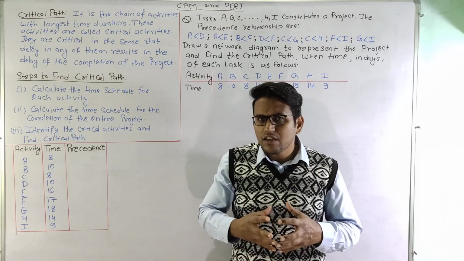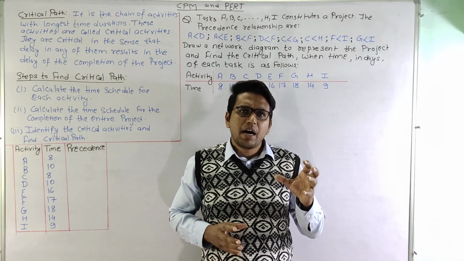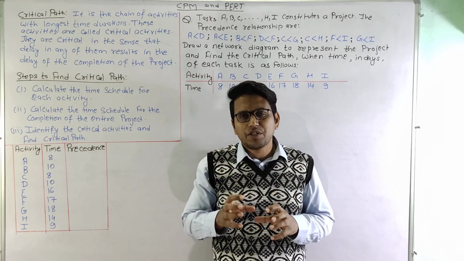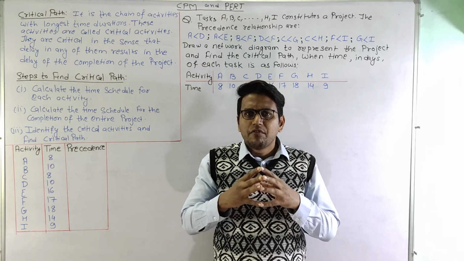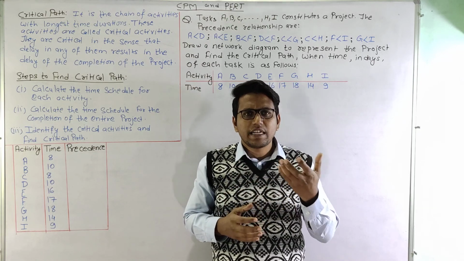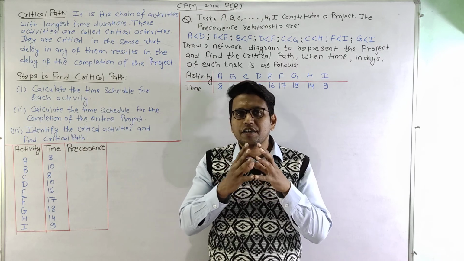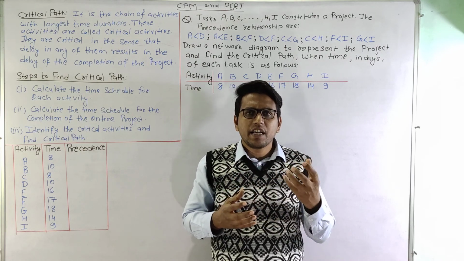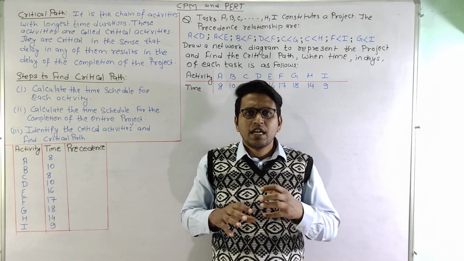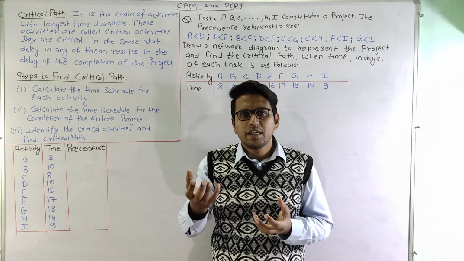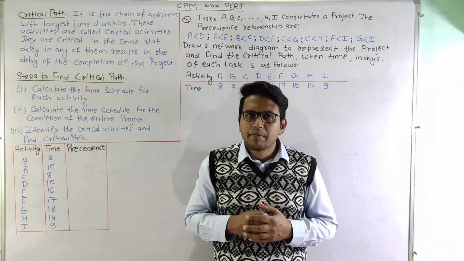So from this we can conclude that the critical path is actually a path with the longest time duration, and all the activities that constitute a critical path are known as critical activities. If any of the critical activities is delayed, then the whole project is delayed by that particular time.